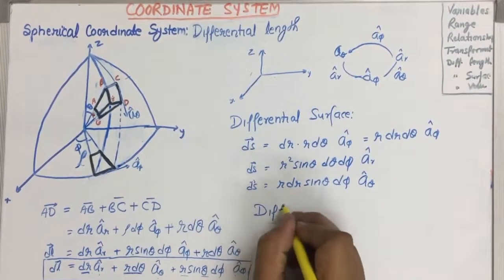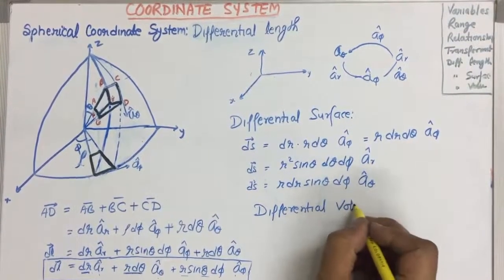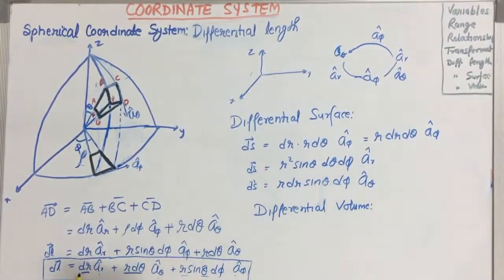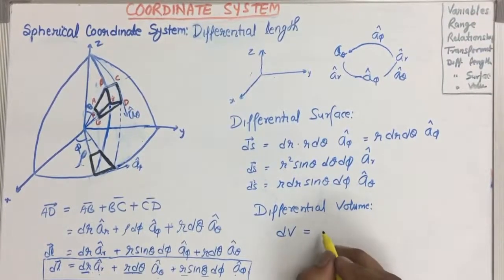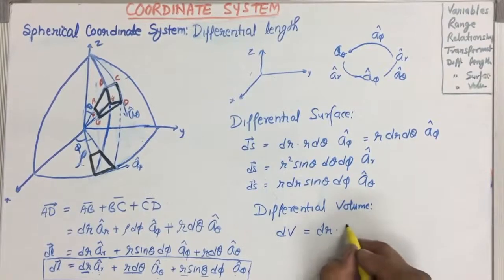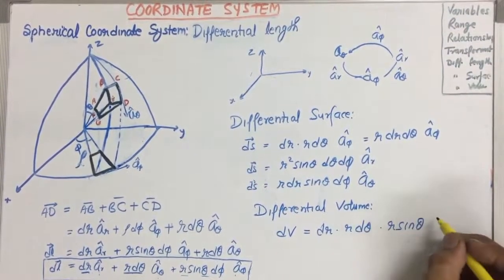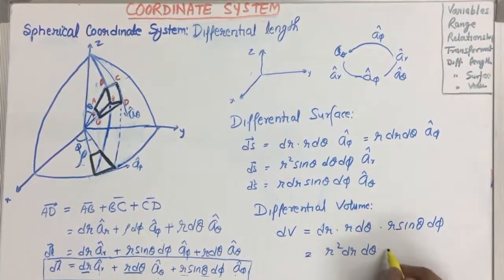Now differential volume is important for us. Differential volume is the multiplication of all these coefficients in scalar form: dr, r d theta, and r sine theta d phi, including all, that is r square sine theta dr d theta d phi.